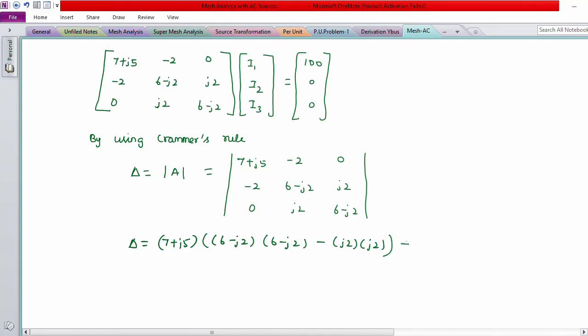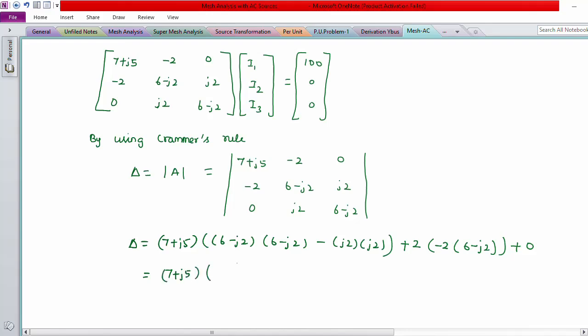Then the second coefficient, plus 2 into, you have to remove the second column and first row, so it becomes minus 2 into 6 minus J2. And the third element becomes 0.